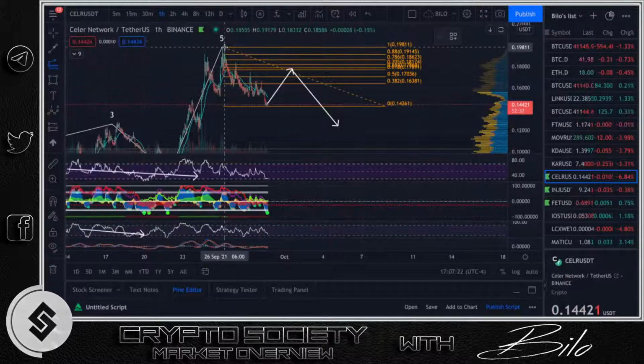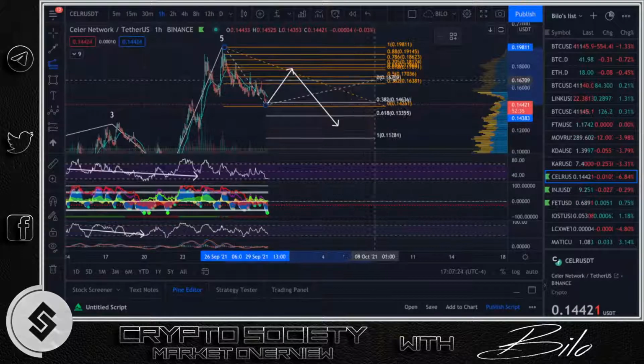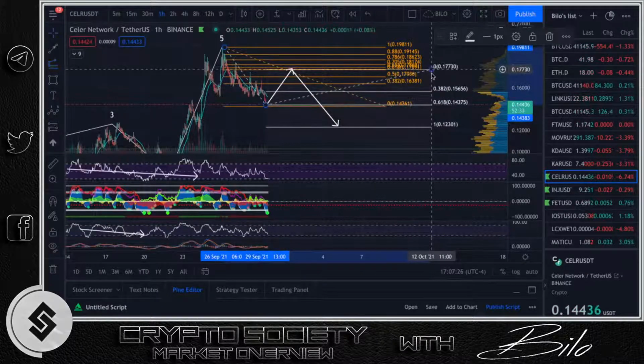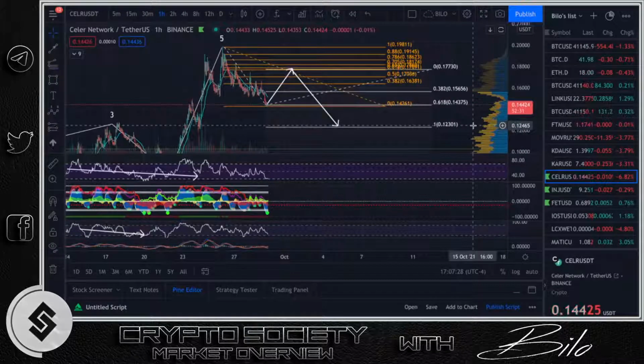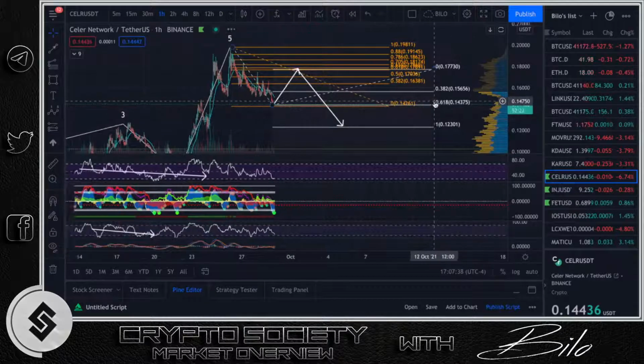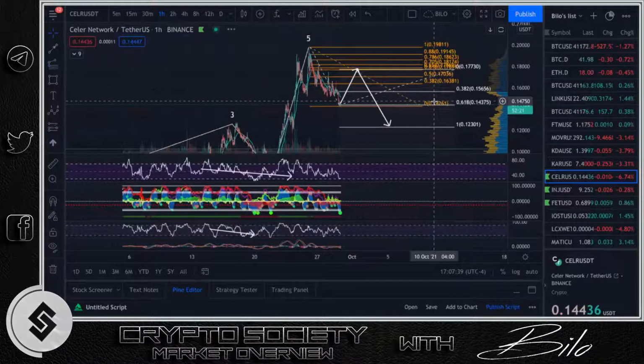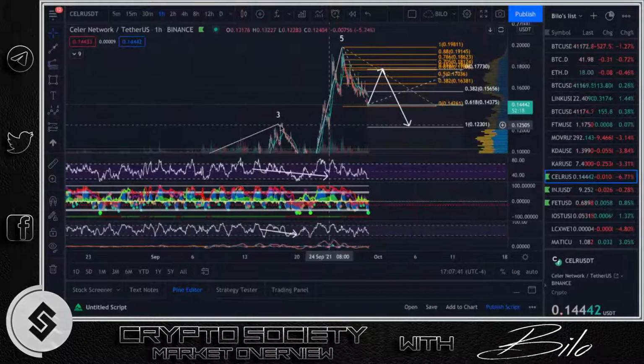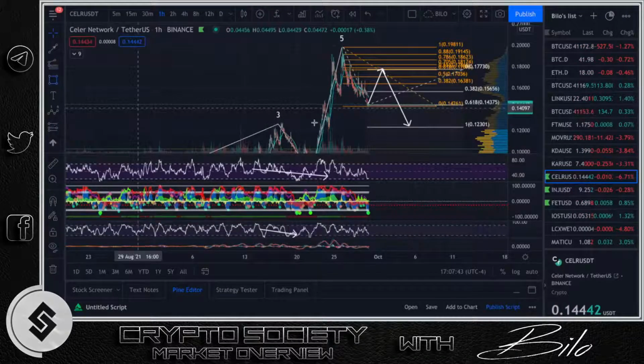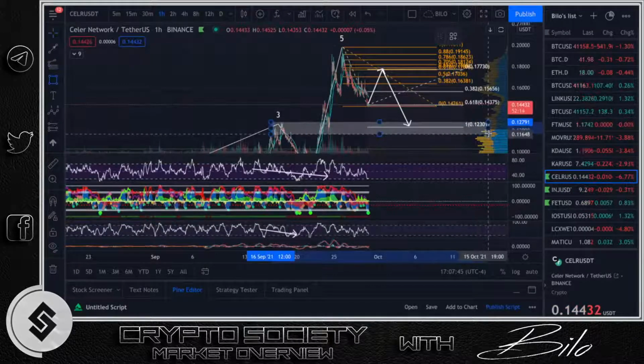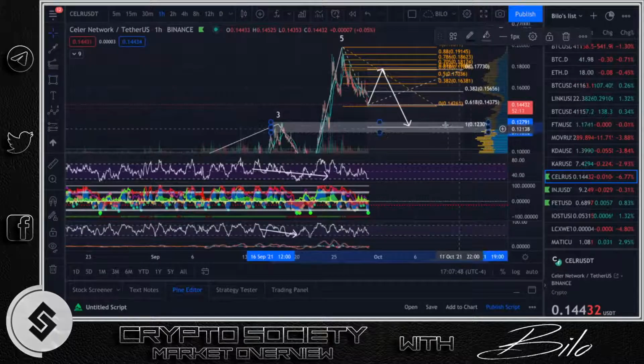So actually, if we say the 618, which is what you've drawn to, what's that? 17 cents. I think I might well set a sell order and sell at 17, and then reaccumulate at the bottom to gain some more coins. This is actually very feasible. Yeah, as a support zone.